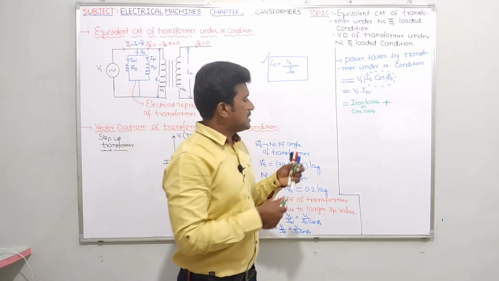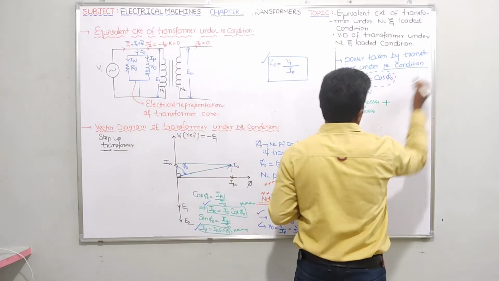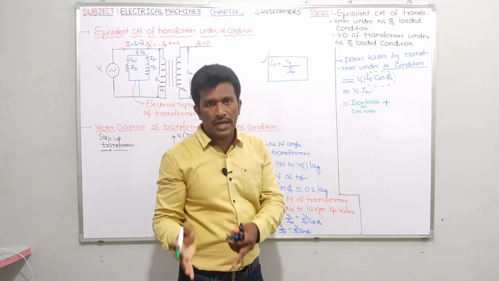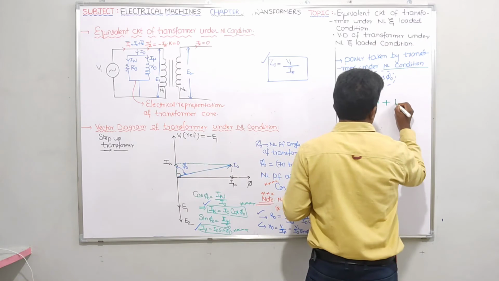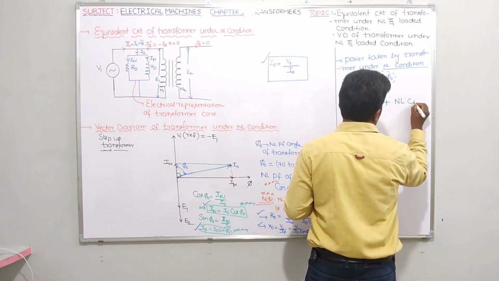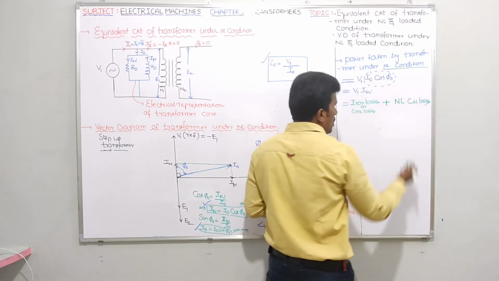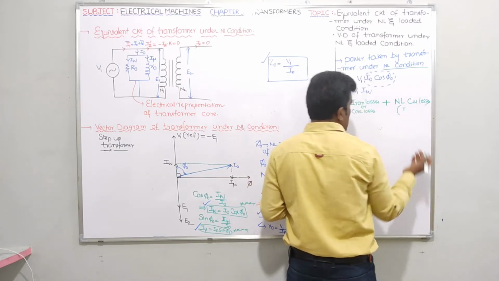Now, since we are discussing under no load condition, and copper losses depend on load current, I should write here no load copper losses. Generally copper loss means what formula?